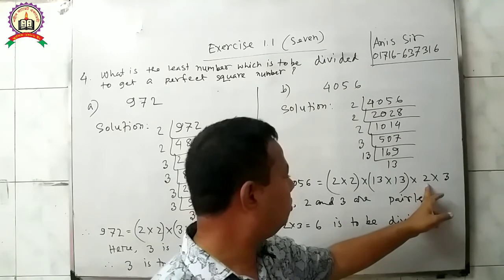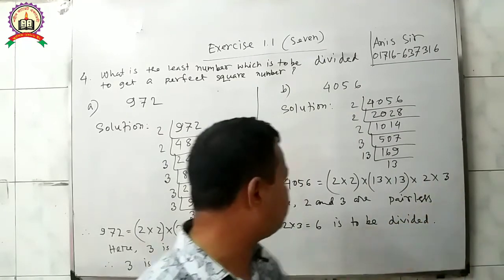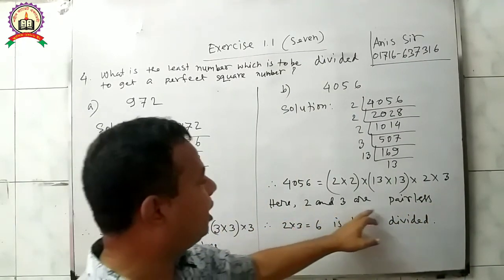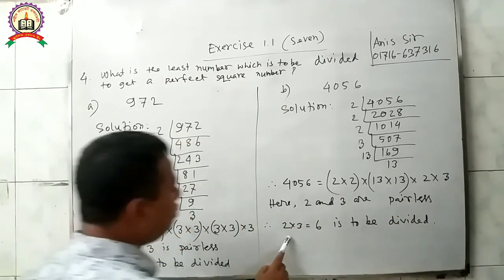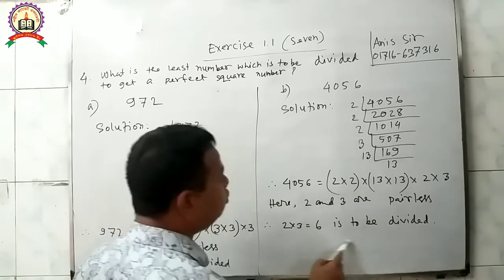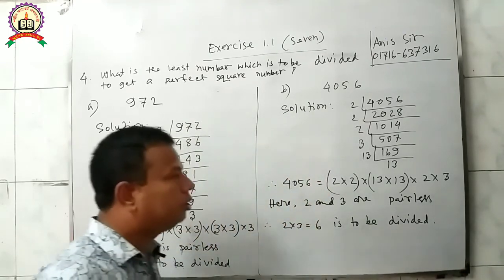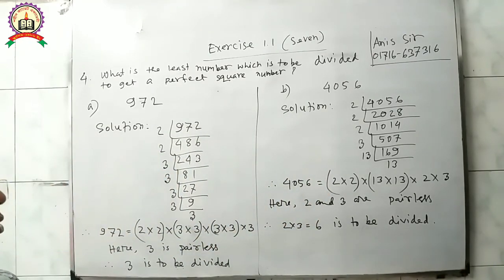Here 2 and 3 are pairless. So 2 into 3 equal to 6 is to be divided to get a perfect square number.